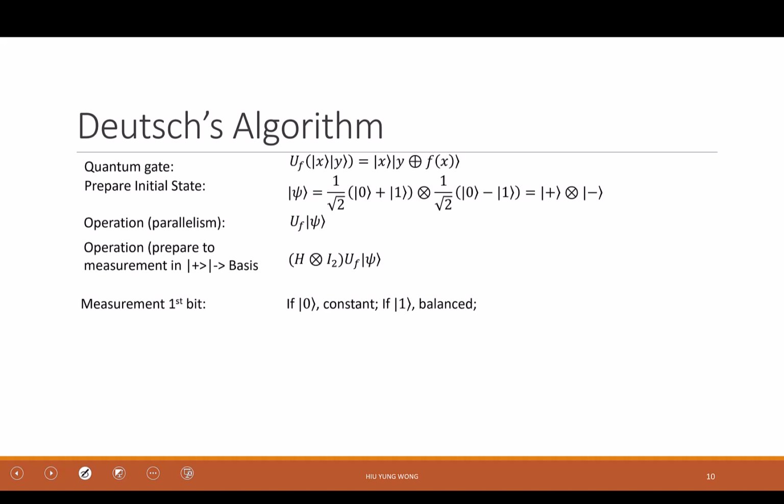That's why the question is to ask whether this is a constant function, where the outputs are the same, or a balanced function. I forgot exactly, but I think I'm right. If I remember correctly, it is mapping n input qubits.